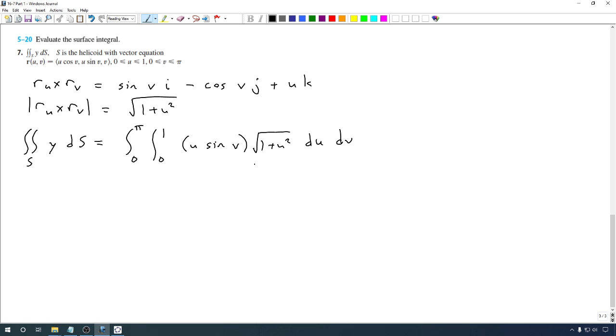Now this actually turns out even easier than when we had to find the surface area of it. So the fact that we have a u here from y actually helps if we want to do a substitution for the u. In fact, I'm going to set w equal to 1 plus u squared, which means that dw equals 2u du, and we have the u there for that derivative. I'm going to have to introduce a 1/2 though.